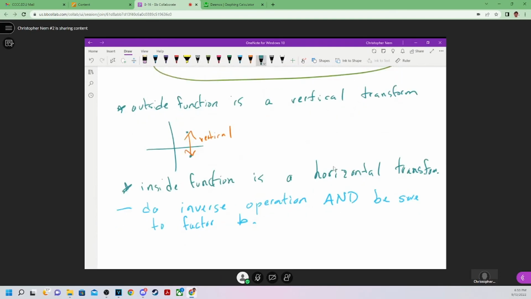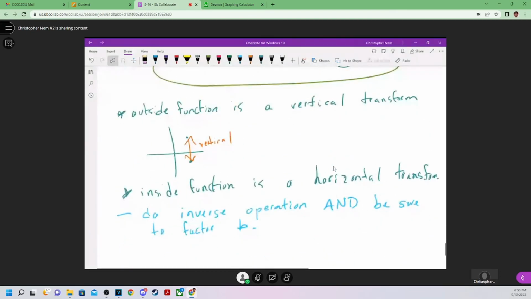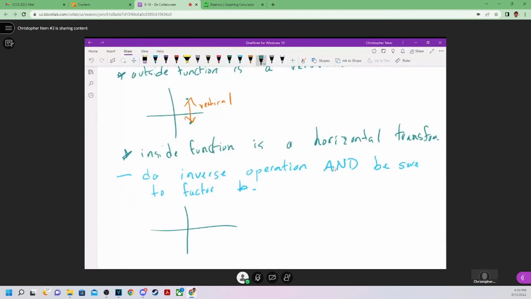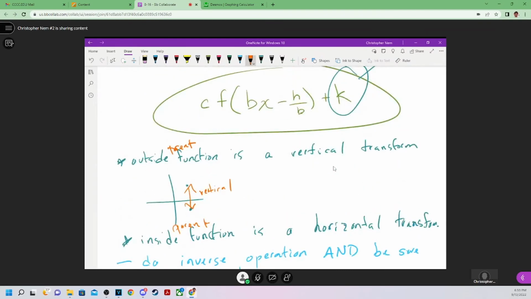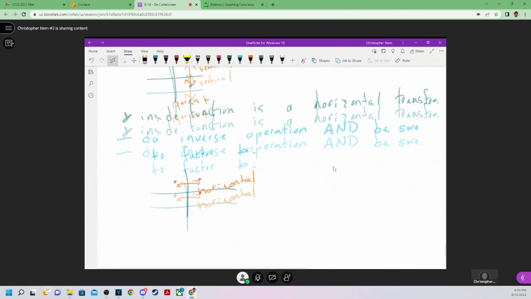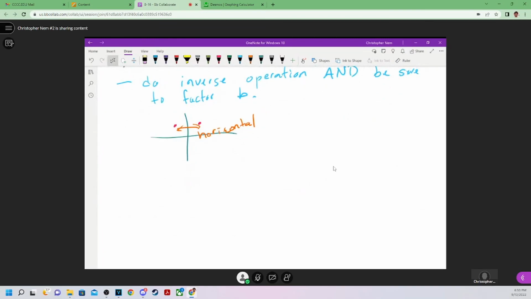So in this case, our horizontal transformation is also reflecting across the y-axis, because if I take a point and reflect it across the y-axis, this transformation has to be a horizontal transformation. So everything inside our parent function will be a horizontal transformation. That's why it's a reflection across the y-axis.